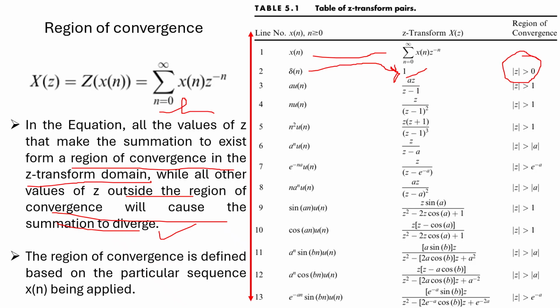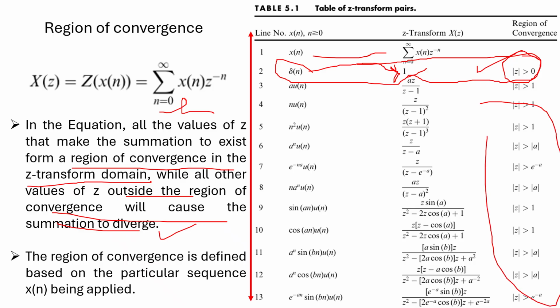The region of convergence will be the entire plane. One of the options is talking about this one only. So this will always be stable. Similarly, you can check the ROC for the different functions here.